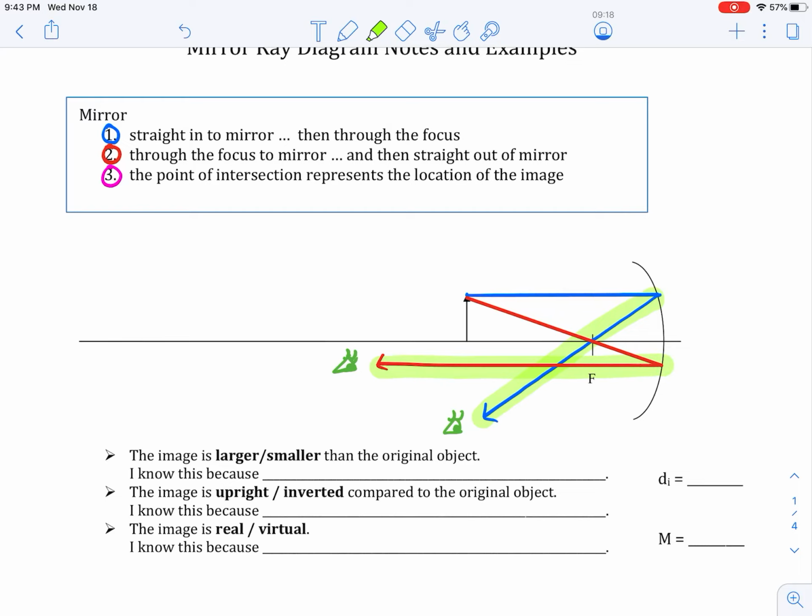This is all that your brain is aware of existing. This is the beam of light that reaches your eye. This is all the brain is aware that exists. So it's the intersection of these 2 lines that we're going to use as our point of intersection. So this right here is our point of intersection.